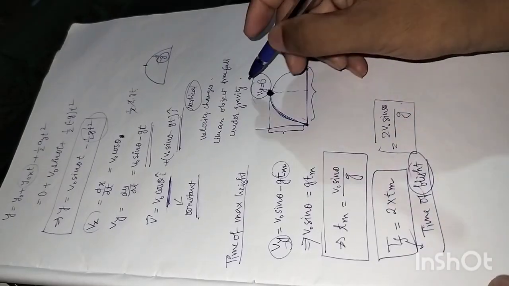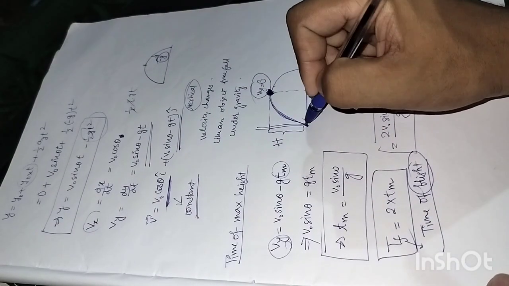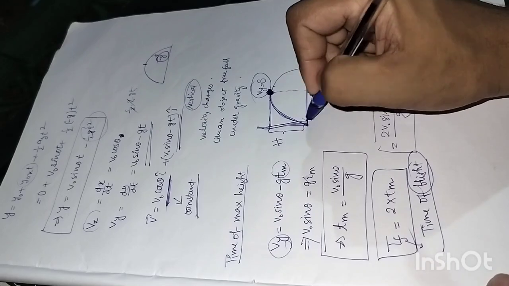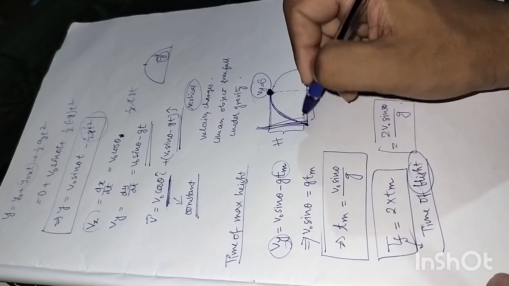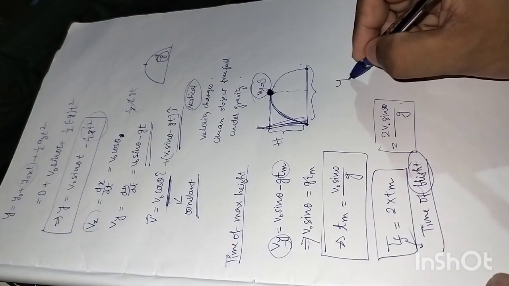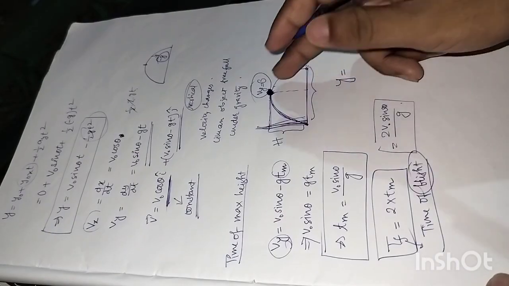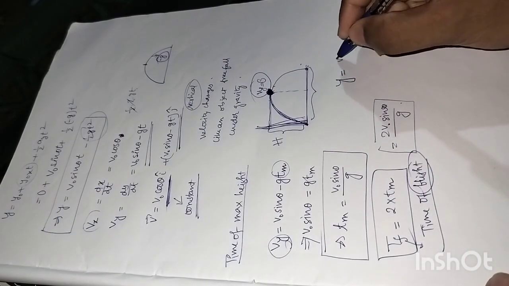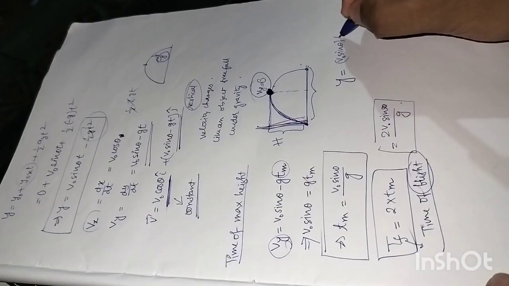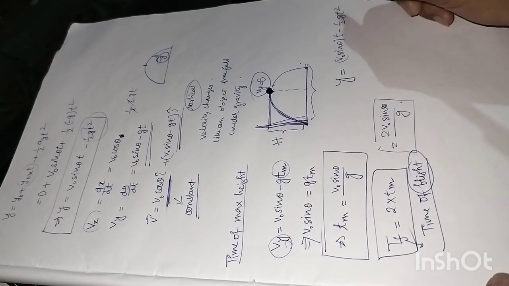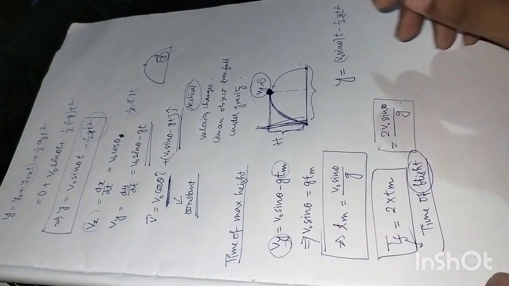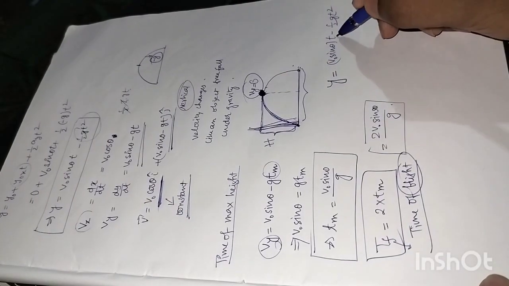Now maximum height: to reach this position, how much height is traveled by the projectile? This is also related to the y component. So y displacement was v naught sin theta t minus half g t square. To reach this height, we have t_m for this case.